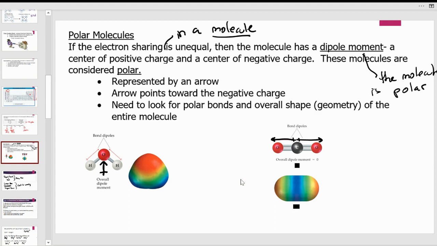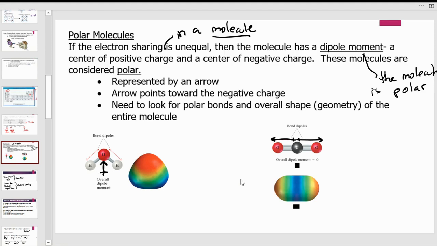In this case, let me just swap these out so it's a little more obvious. In this one I'm holding in my hand, we have 2 green atoms, let's call them chlorine, 2 brown atoms, let's call them fluorine, and they're pulling on the atom in the middle, right? Is this atom going to have electrons pulled more in one direction or the other?